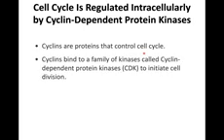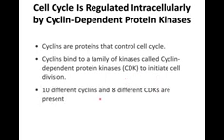Cell cycle is regulated intracellularly by cyclin-dependent protein kinases. Cyclins are proteins that control the cell cycle. Cyclins bind to a family of kinases called cyclin-dependent protein kinases, or CDKs, to initiate cell division. 10 different cyclins and 8 different cyclin-dependent kinases are present.